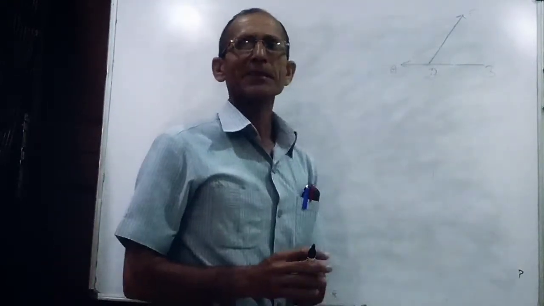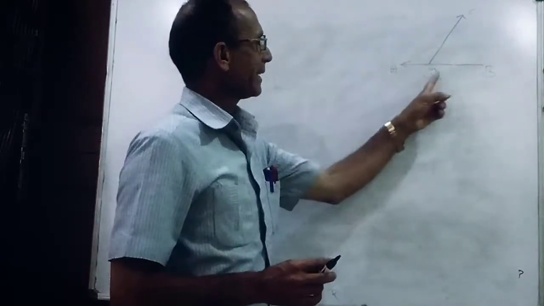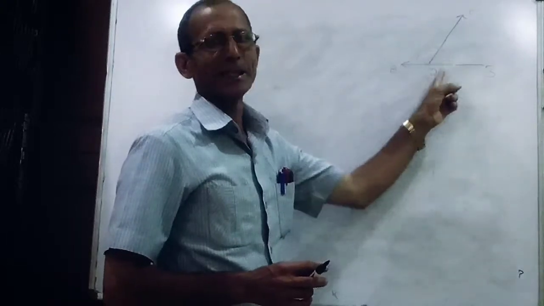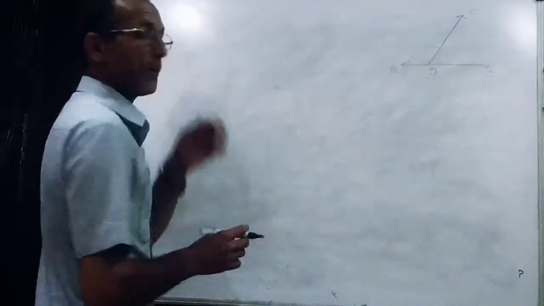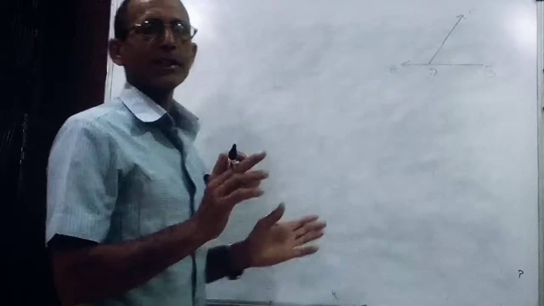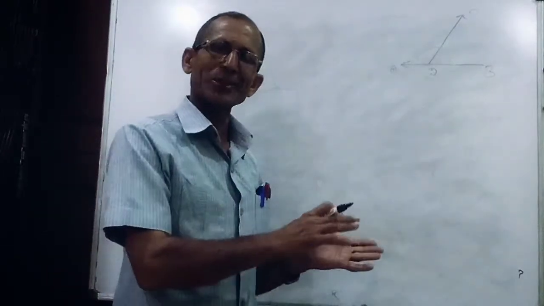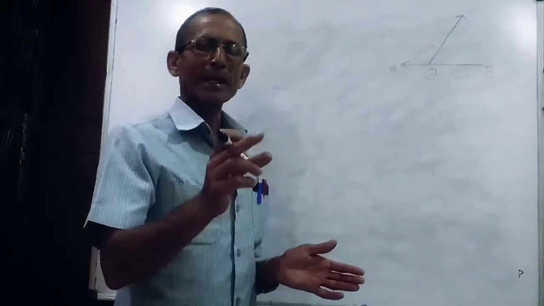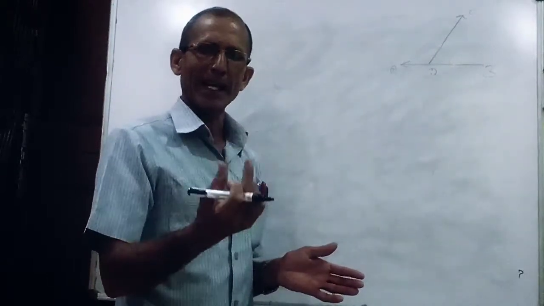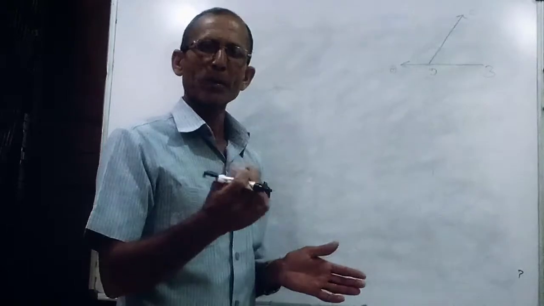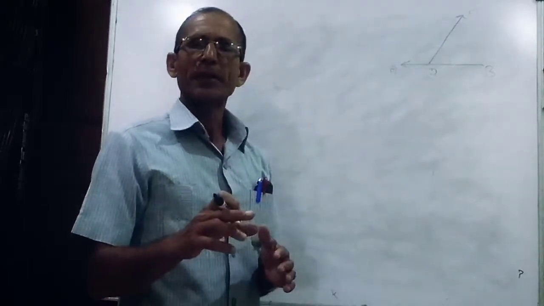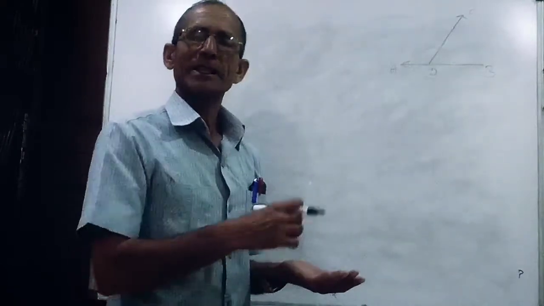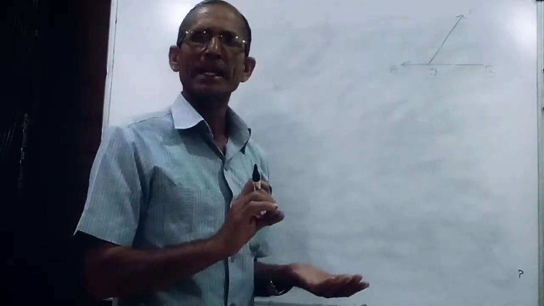So what is given? Given a line AB and CD is standing on it. We will prove it stepwise. First, according to the statement, you will write given. You know, if a line stands on another line, the angles formed by this line will be 180 degrees, or you can say supplementary, or you can say they will make a linear pair.